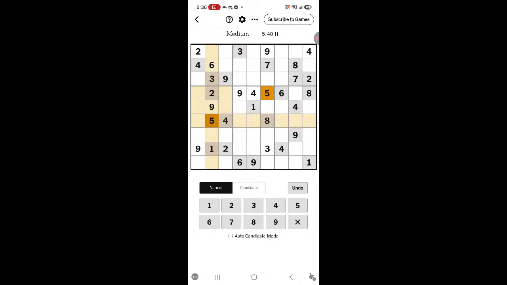Like the number 5, for example. 5 has to be in the middle here, which leaves center and the rest, which is just a lot of information that I don't have. 3 is obviously here. Well, that's another 3 I got at least. But whatever.